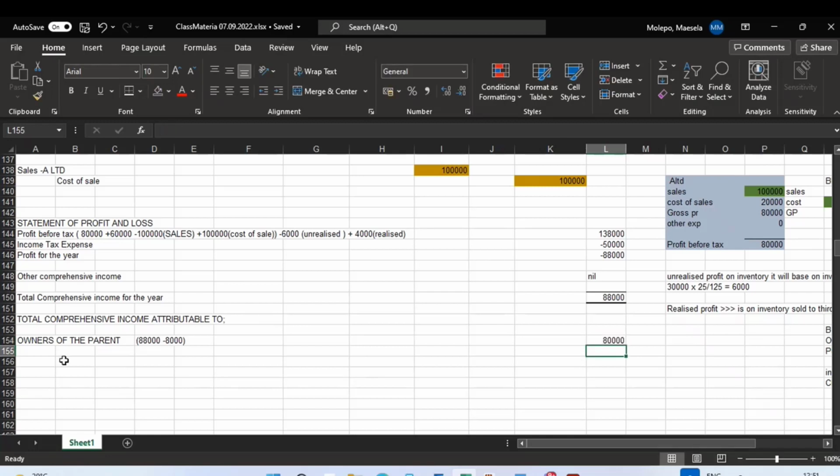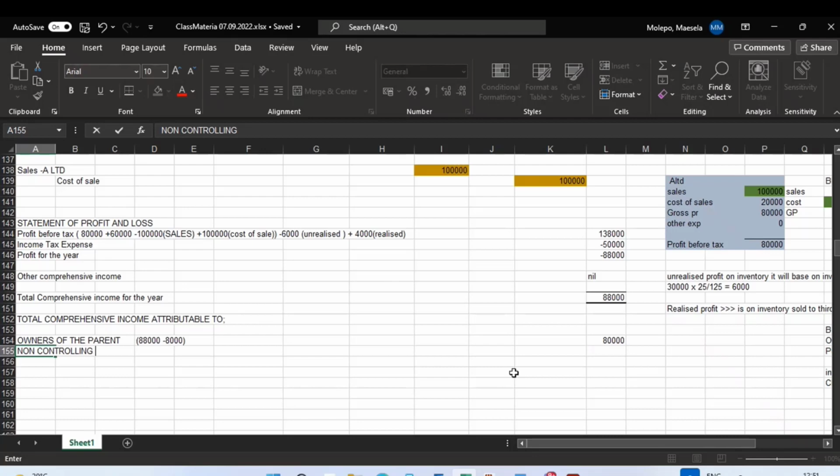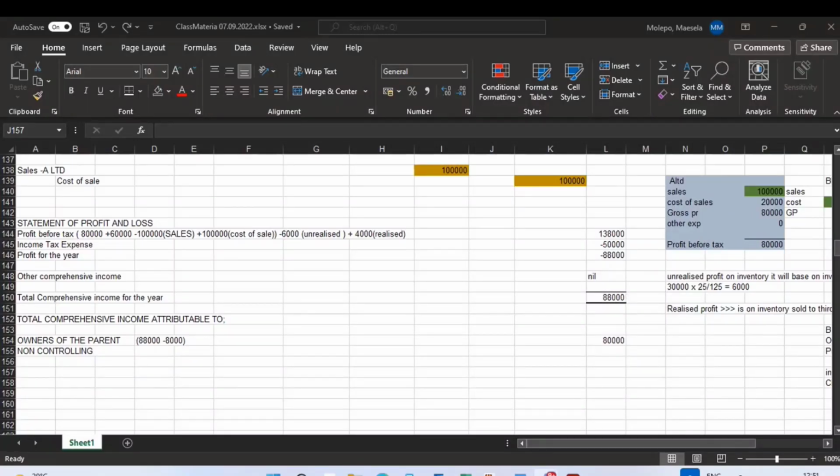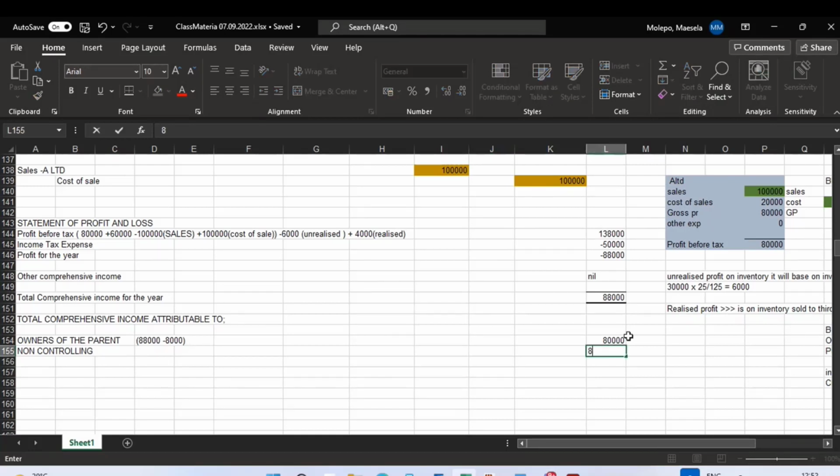And then the non-controlling interest is 8,000.